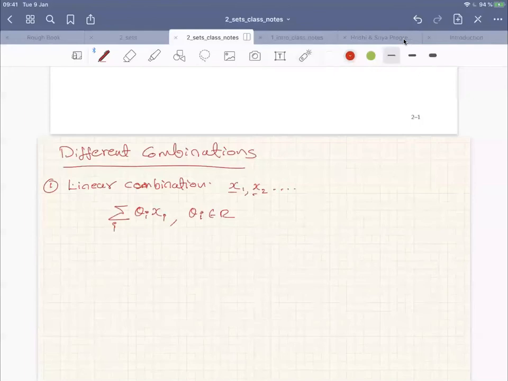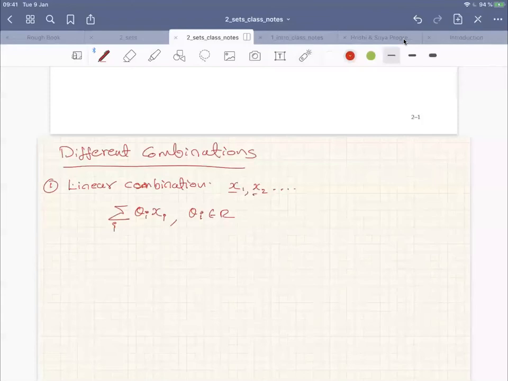So here there are no restrictions on theta i. We just say that it belongs to R, but it can be any value. It can be positive, negative, all theta i can be equal or not equal, theta i can be zero, anything.